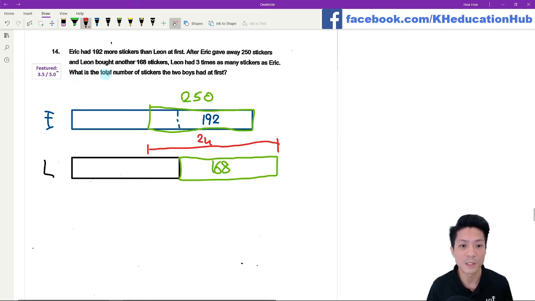Okay, the question wants us to find what is the total number of stickers the two boys had at first. Now I'm gonna use, let's go into the working, 250 minus 192.